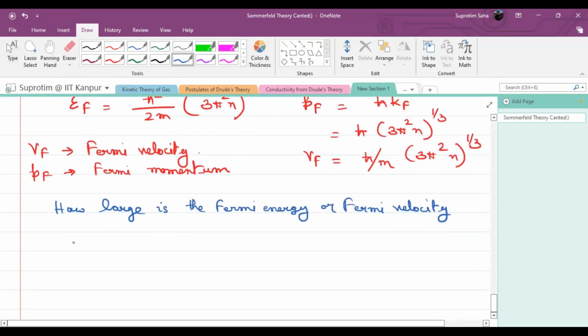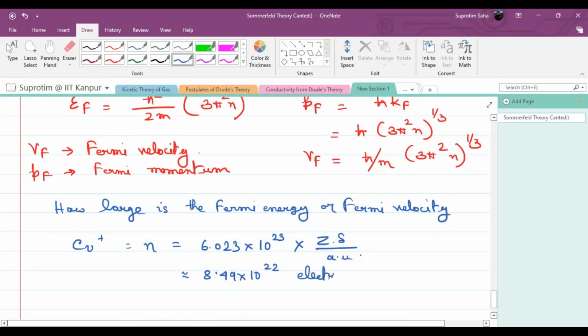Calculate it in a very common example. Let's say for copper, this is n, which you calculated in earlier lectures, 10 raised to 23 times Z times density by atomic mass unit. That gave you 8.49 times 10 raised to 22 electrons per cc.